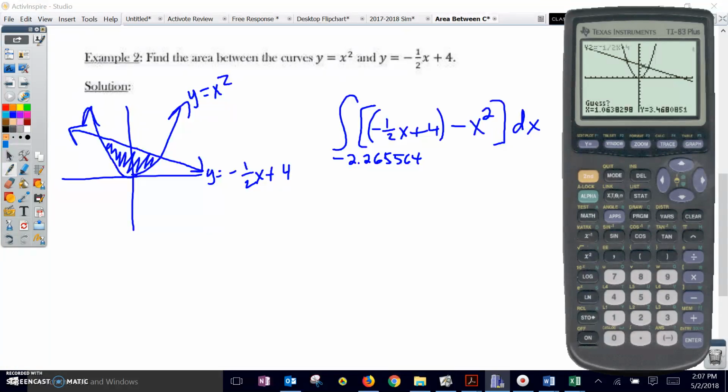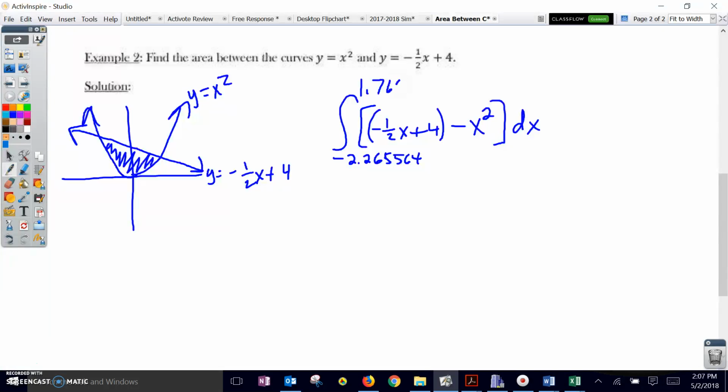I would always rather use more than less for those, just to guarantee more precision in my final answer. Then my other intersection point is 1.765564. And so those are my limits of integration.